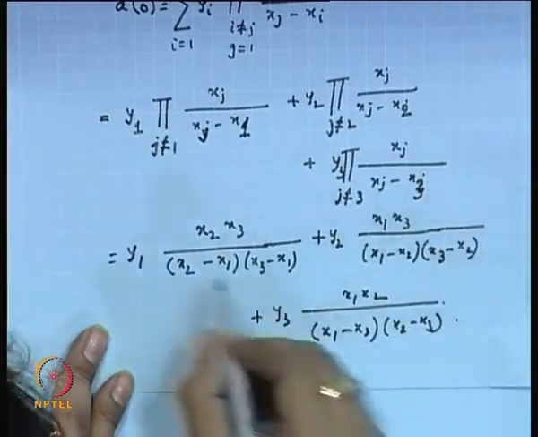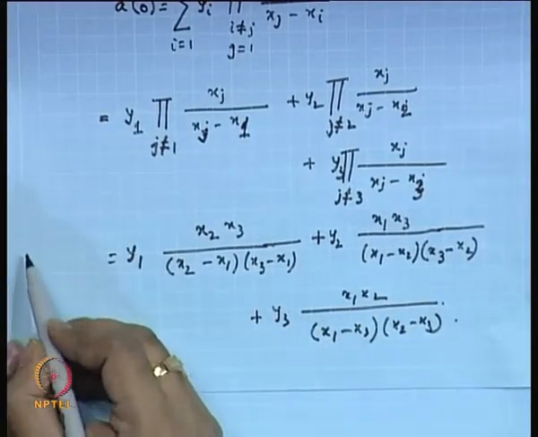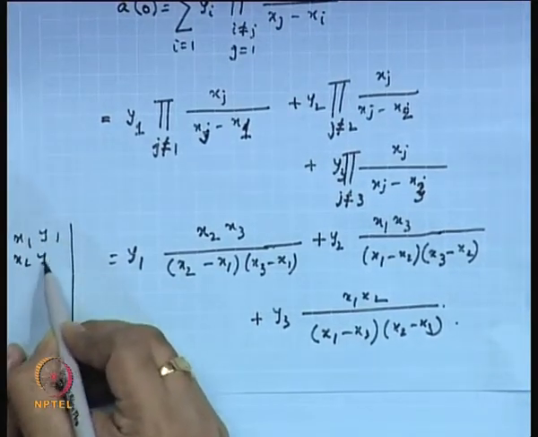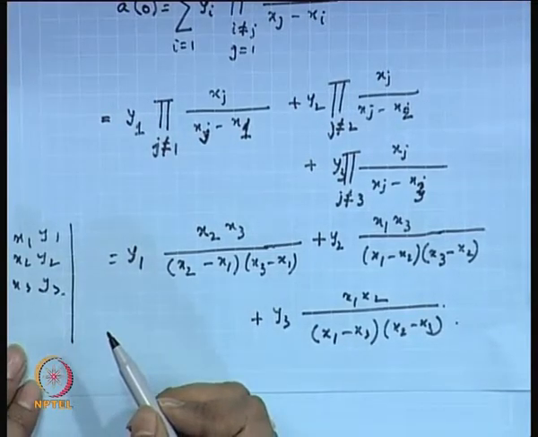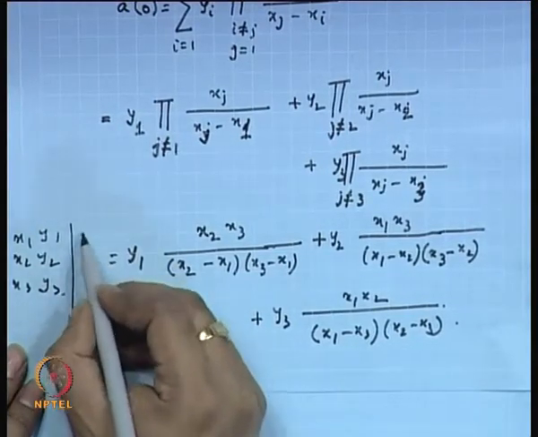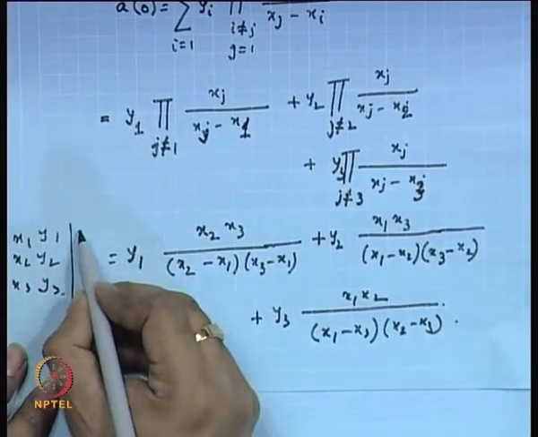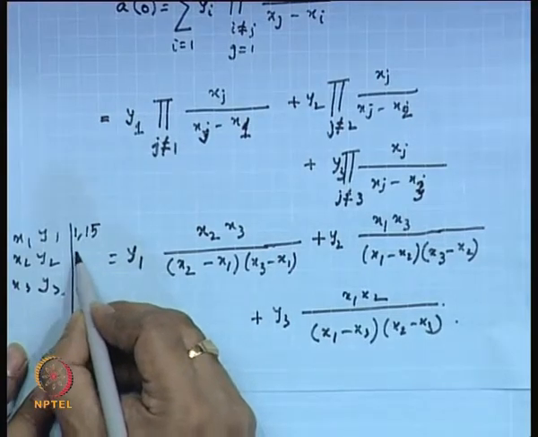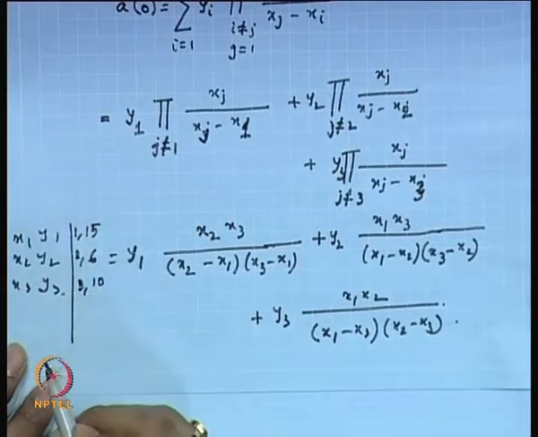So, therefore, if you see this and you just plug in the corresponding values of your x1 y1, x2 y2, x3 y3, which are nothing but what were the values? The values were 1 comma 15, 2 comma 6 and 3 comma 10.